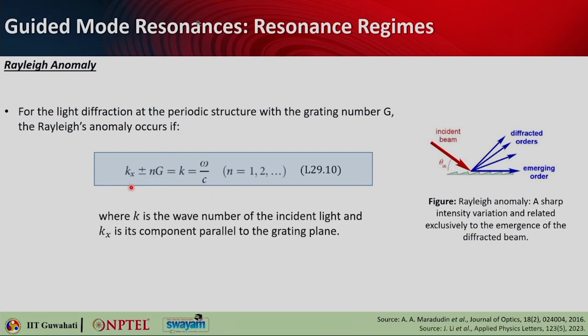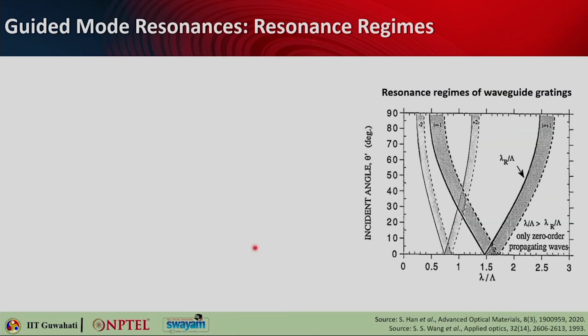When there is a match, a Rayleigh anomaly will take place, the wave will leak in, and you will get a reflection dip. Here k is the wave vector or wave number of the incident light, and kx is the component of the wave vector that is parallel to the grating plane.